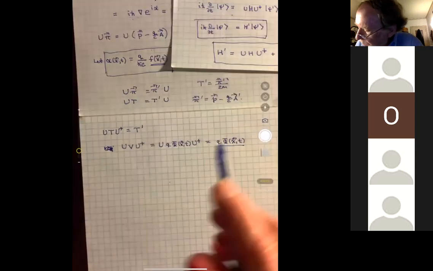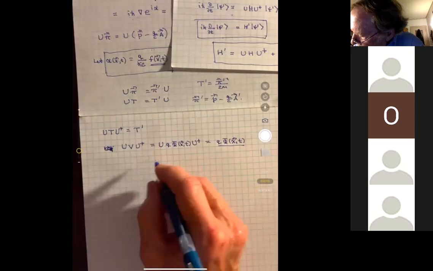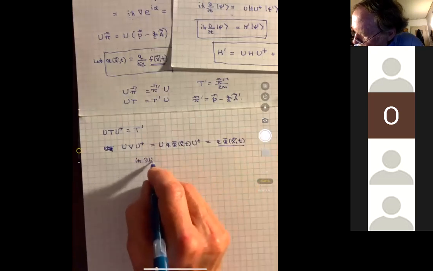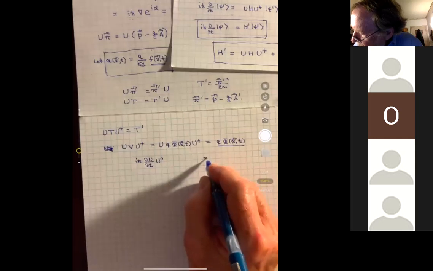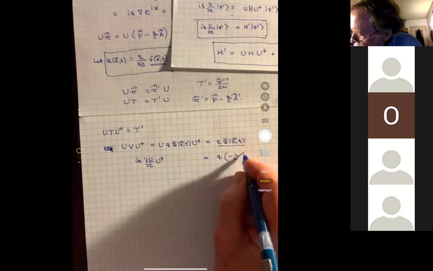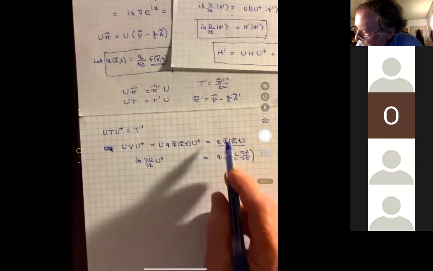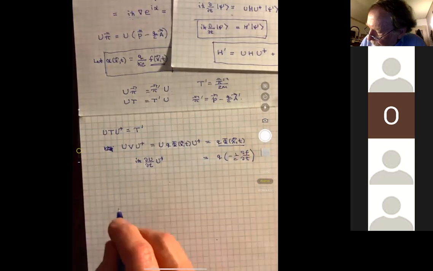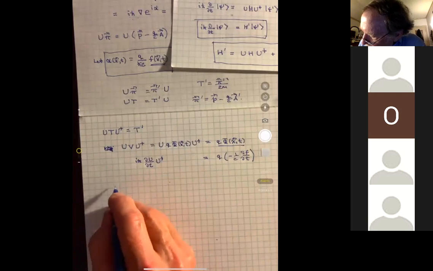And if you go through the algebra of that as well, what you'll find is that if I add the i h bar, partial of u with respect to t times u dagger, this is equal to q times minus 1 over c df dt, which is the correction term you need to convert phi into phi prime. And so the result is that the new Schrodinger equation looks like this.